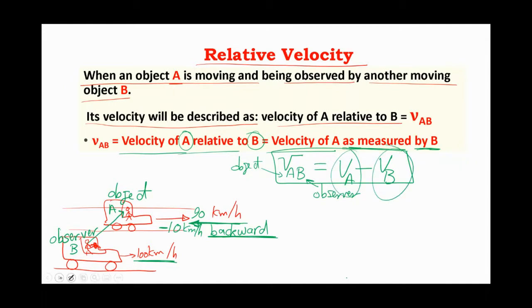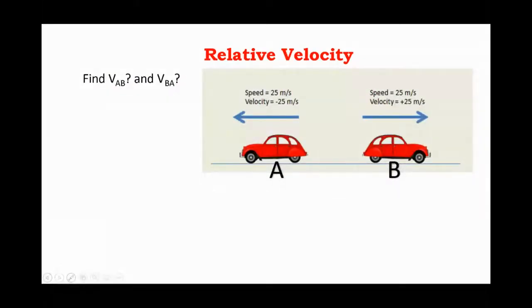Let's take an example. Two cars, one is moving to the right at a speed of 25, the other moves to the left at a speed of 25 meters per second. Find VAB. What does it mean, VAB? A is the object and B is the observer. Someone is riding here and is looking at the car A. So it's VA minus VB.